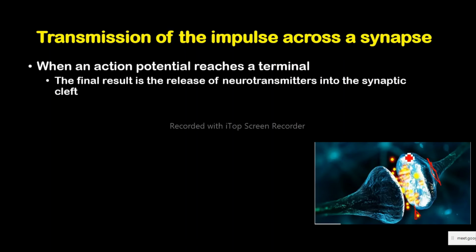But there is a lot of science embedded within this statement, and you need to know. So what happens is, when an impulse reaches here, then it opens the calcium gated channels.